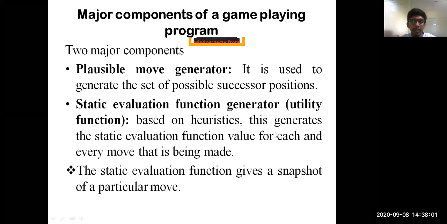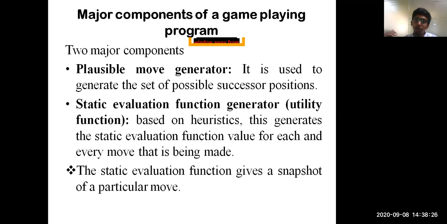Next, the second important component is the static evaluation function generator. It is called a utility function. Based on the heuristic or the constraints, a static function value for each and every move is computed. So it will generate what the path is. Suppose I have two paths, and if the cost of the first is less and the second is more, I will move to the first path.